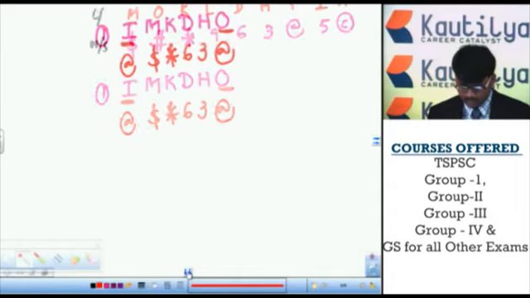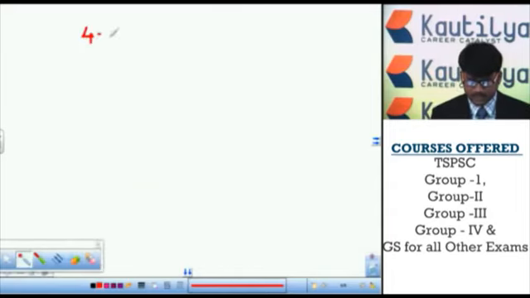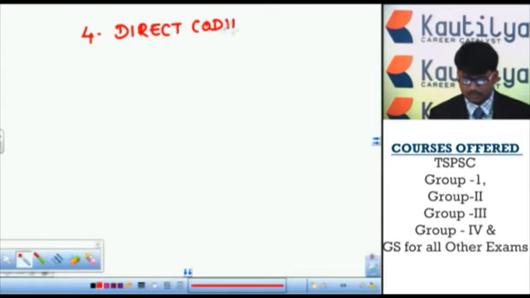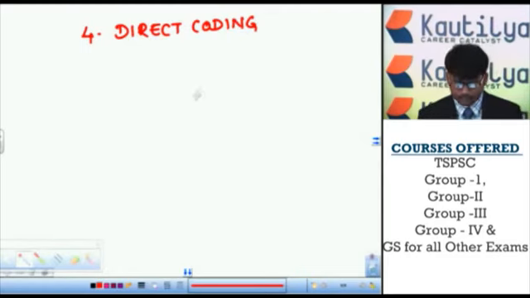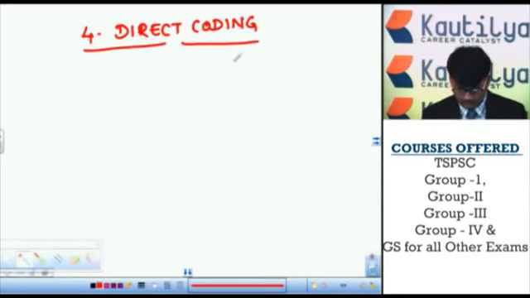Then we have to go for the fourth one. The fourth one is direct coding. In direct coding, they give two words followed by one word, or one word followed by one word.